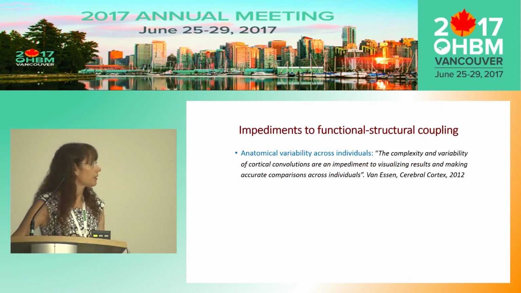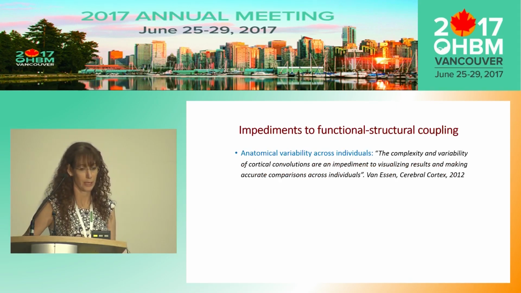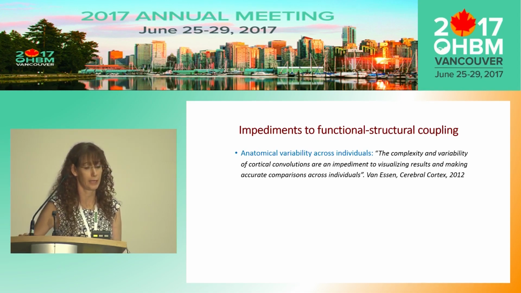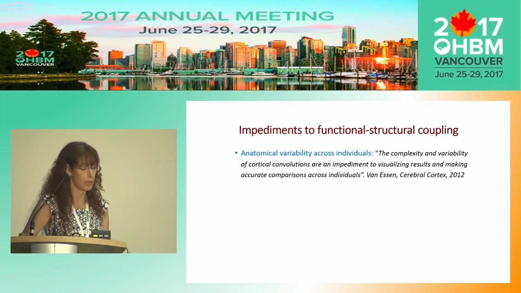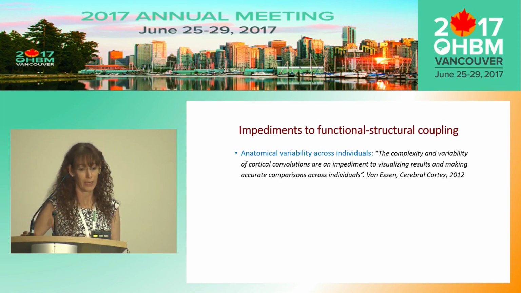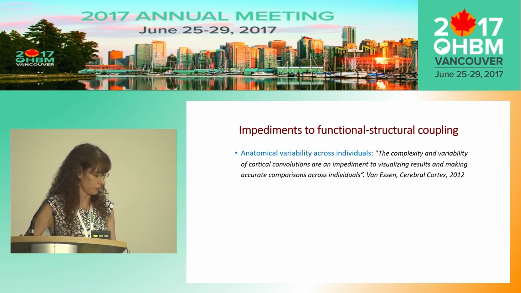Several researchers, including prominent researchers, have noted that there might be impediments to functional structural coupling outside early sensory regions. This comes from 2 sources of variability, anatomical and functional variability. For example, in a paper written by Van Essen and colleagues in 2012, they write, the complexity and variability of cortical convolution are an impediment to visualizing results and making accurate comparisons across individuals.